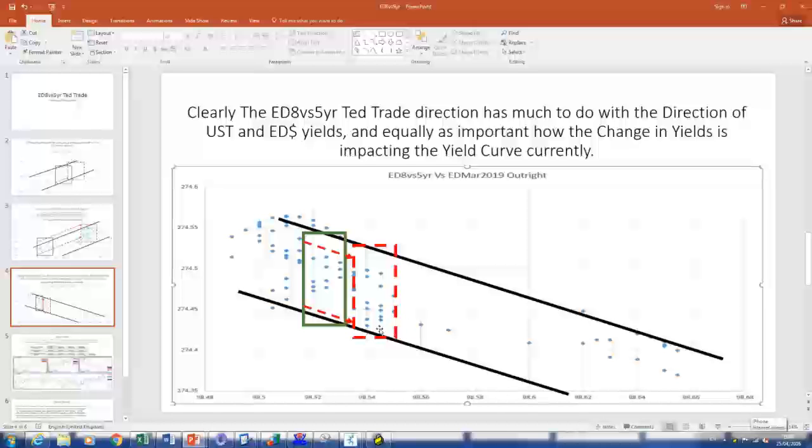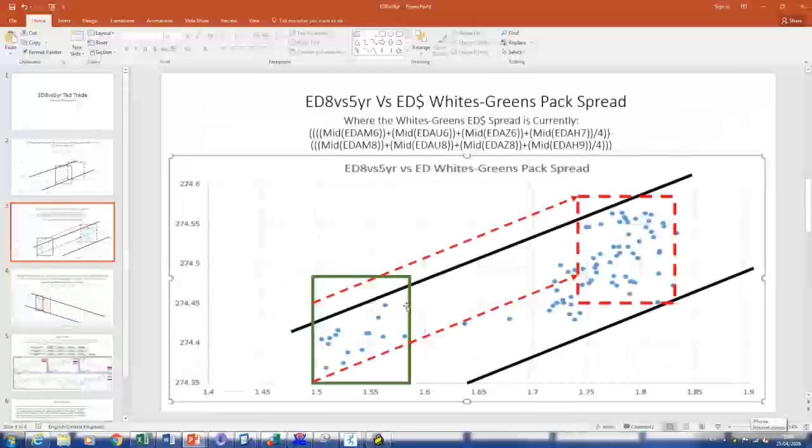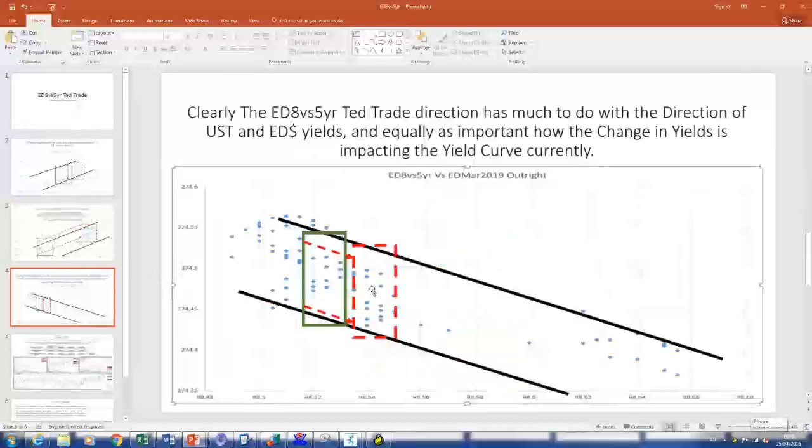In the previous correlations, let me shoot back, there was a positive correlation, i.e. if the horizontal went up, you saw an upward move in the Eurodollar to the 5-year spread. Conversely on this one, if the outrights go up, you actually see the Eurodollar to the 5-year go down. You know that, right? So you look at the Bund, you look at the gilt, if that goes up, your white spreads, your June 16, June 17, and all the flies and combos in between, start to have a downward pressure.